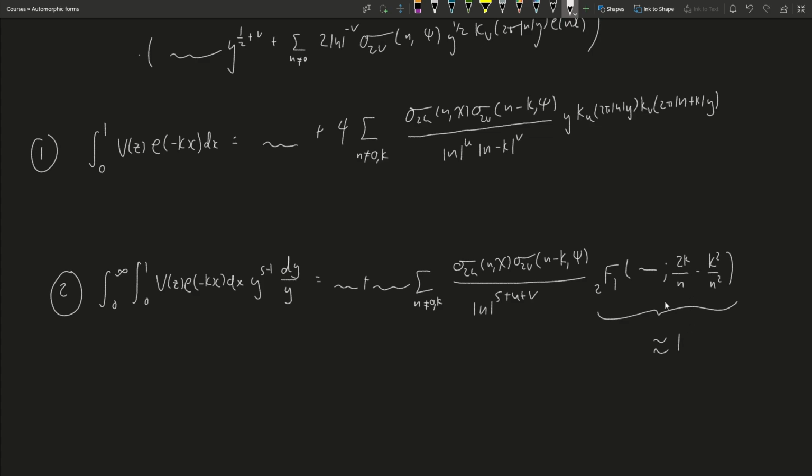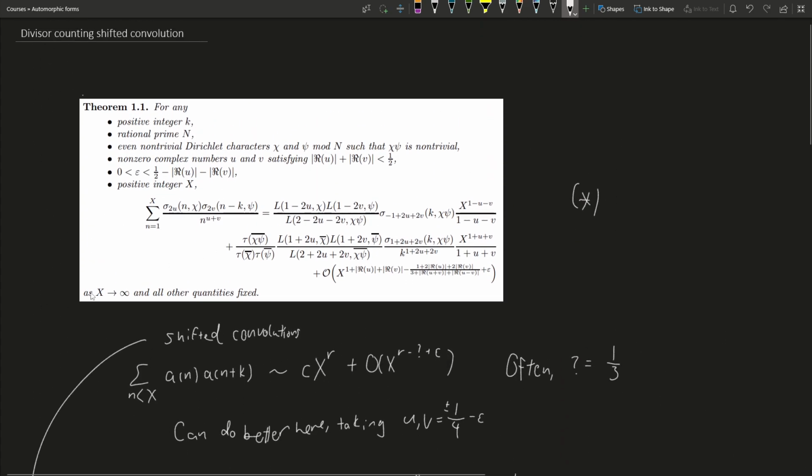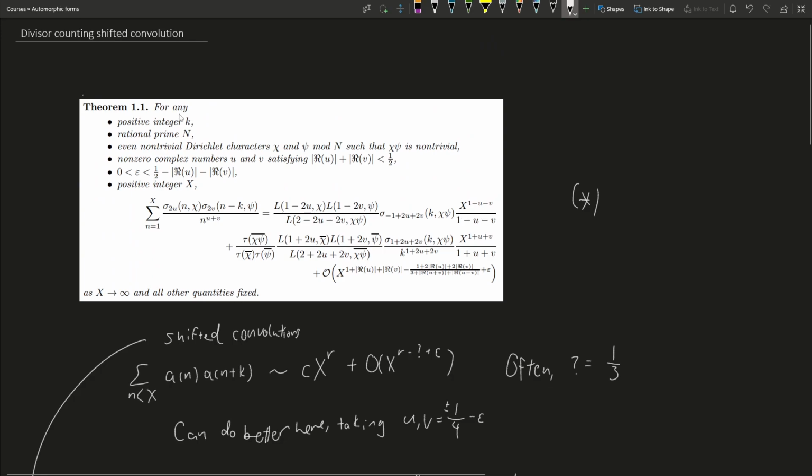You have to do some analysis to really get rid of this thing, but I'm going to gloss over that. So in the context of this original thing, when I say x goes to infinity and all other quantities fixed, in the context of subconvexity bounds, what I'm saying is that this is what would be a subconvexity bound in the t aspect, and it wouldn't look at the k aspect, the n aspect, etc.